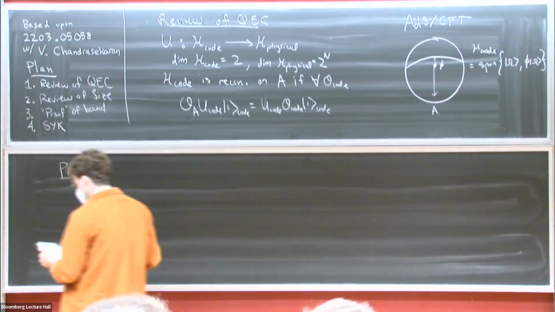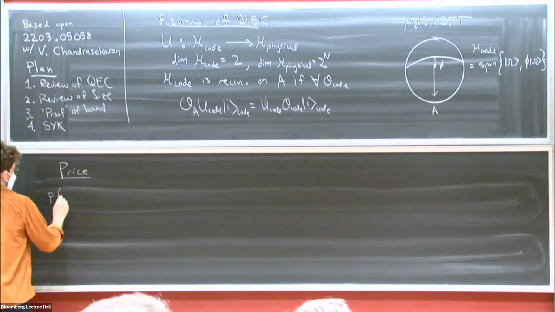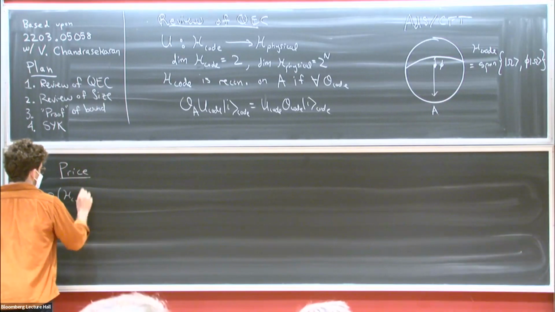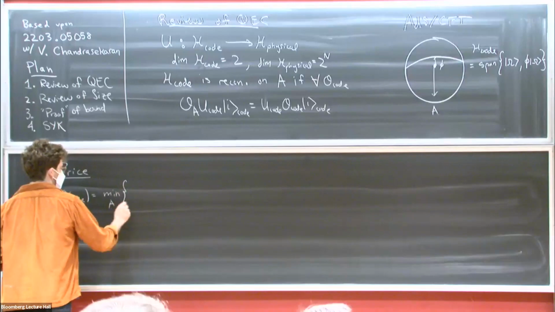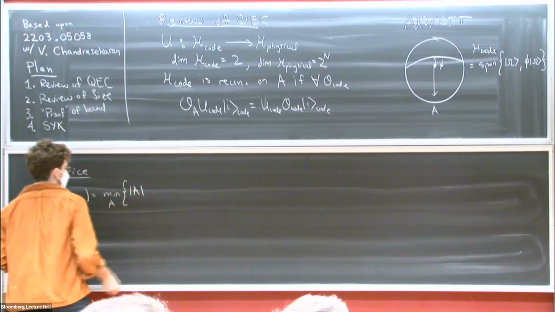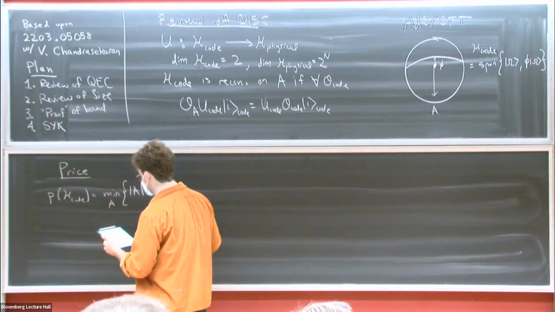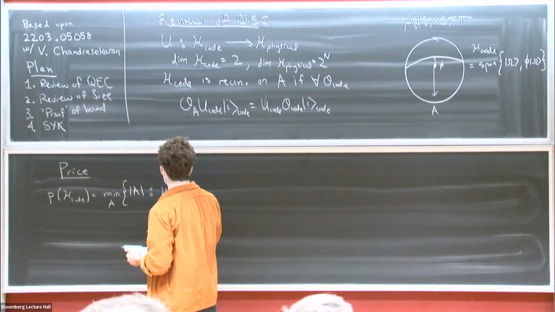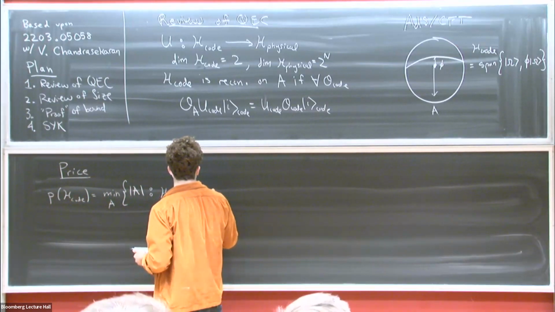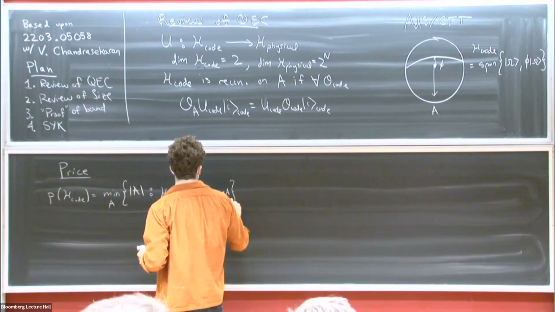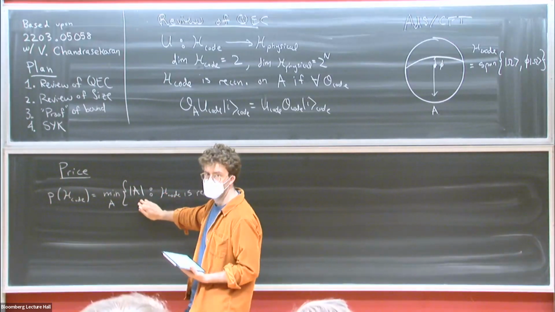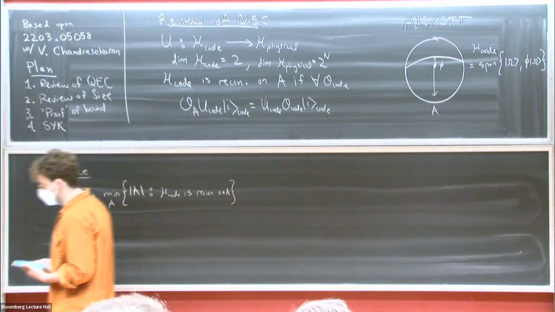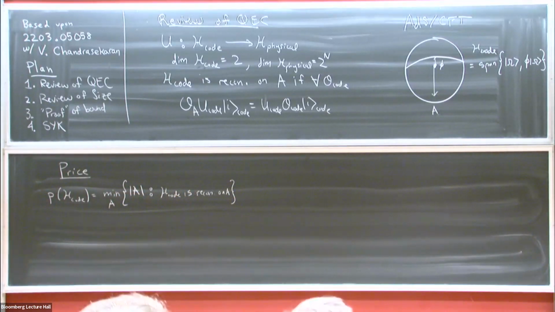So it motivates something called the price of a code, which is the min over all boundary regions of the size of that boundary region, such that H code is reconstructible on A. Now there's a notion of a measure of the boundary region here, and in different situations it might be different.